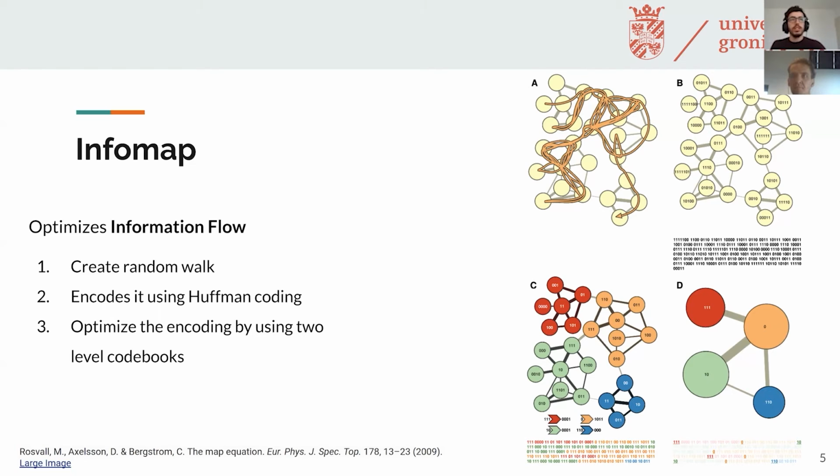So how does it work? First, InfoMap creates a random walk in the graph, then encodes this random walk using Huffman coding, and then identifies the communities by performing an optimization on the first set of codes, which gives us the communities.